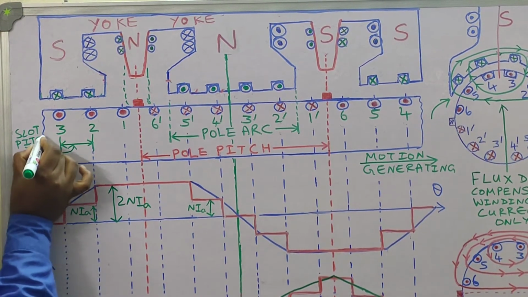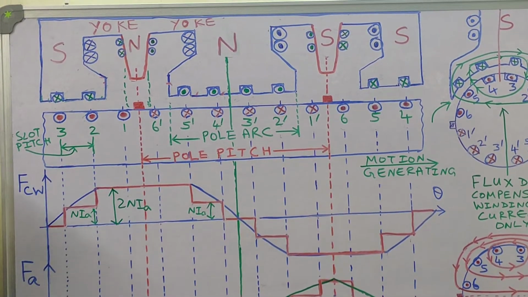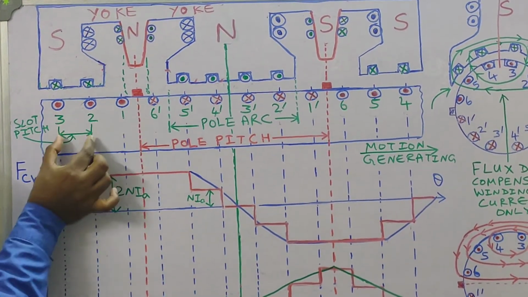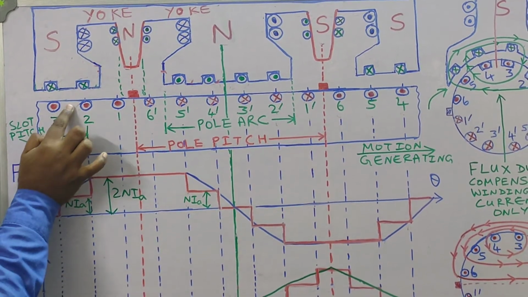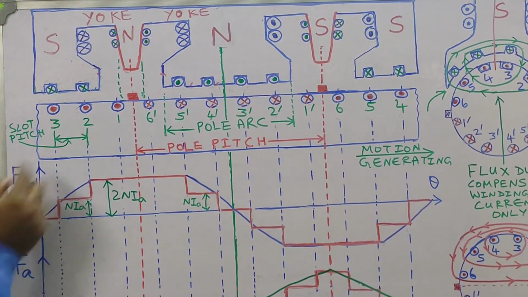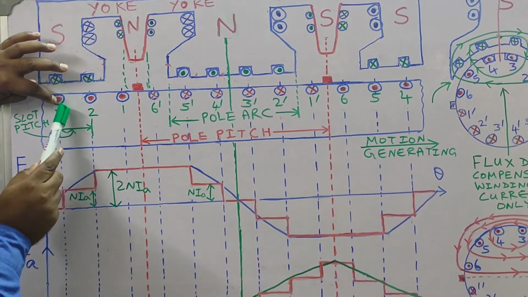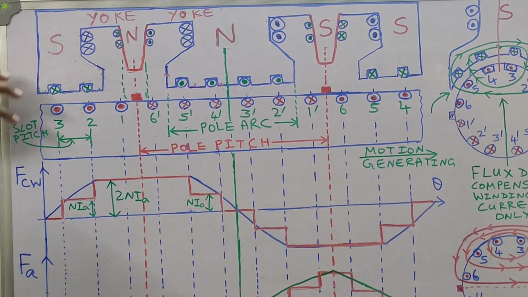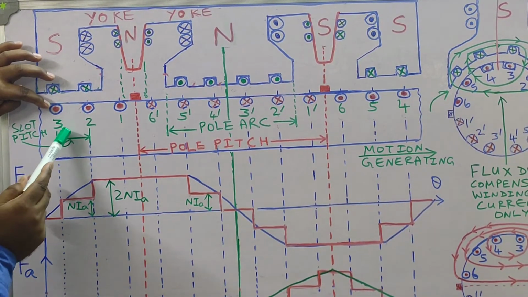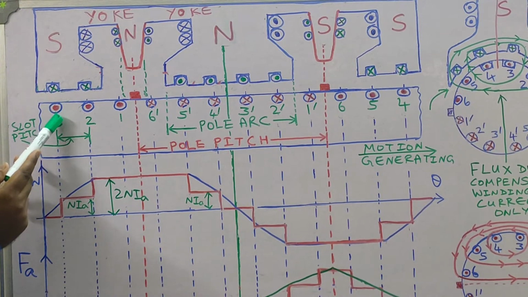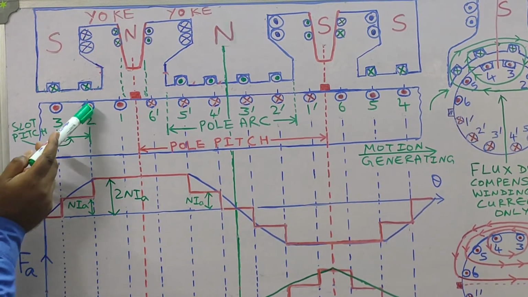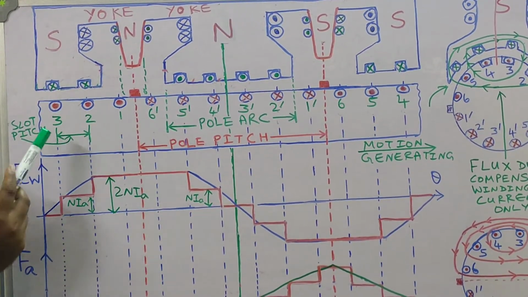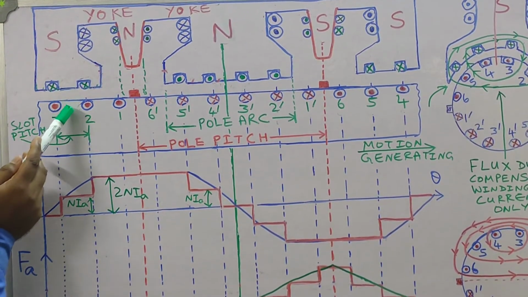So in this slot pitch, what happens? For an actual machine, the width of this slot pitch is very small. The slot pitch is the distance over one tooth and one slot. Half of the slot portion is taken from slot number 3, another half of the slot portion is taken from slot number 2, and this is my tooth.